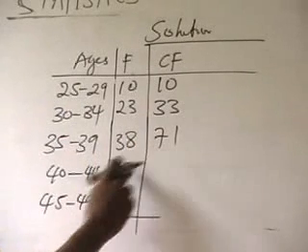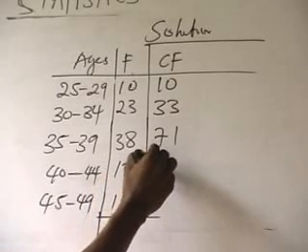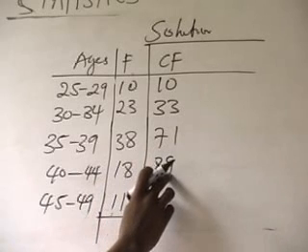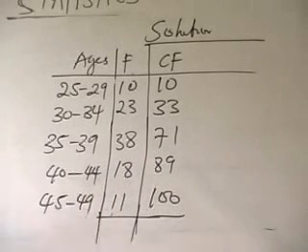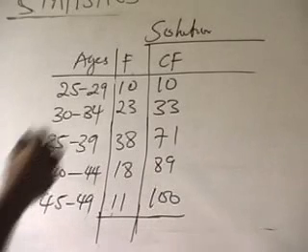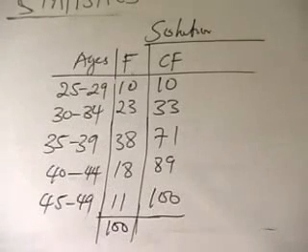Then 71 plus 18 will give us 89. Then 89 plus 11 will give us 100. So our total cumulative frequency is 100. Our total frequency is 100 too.